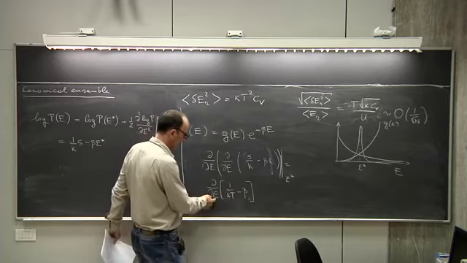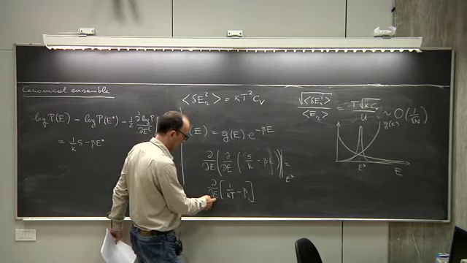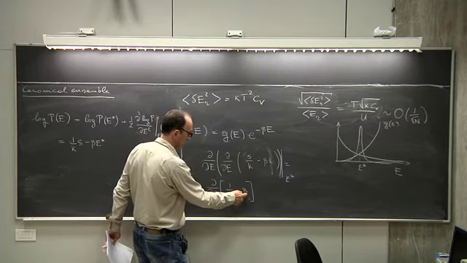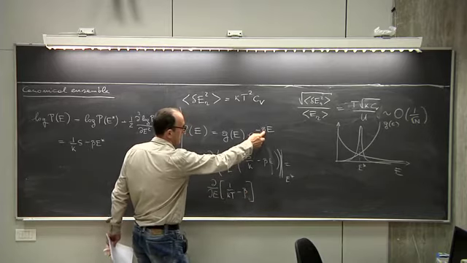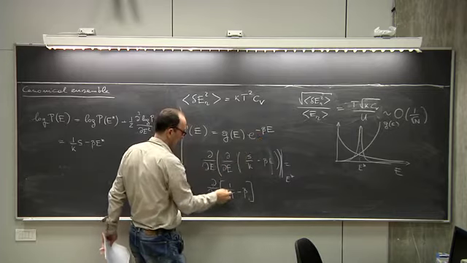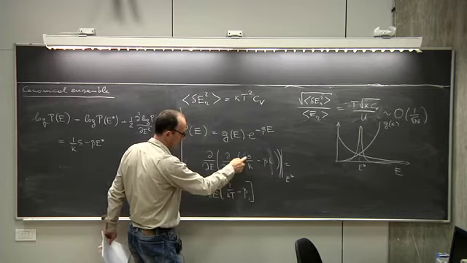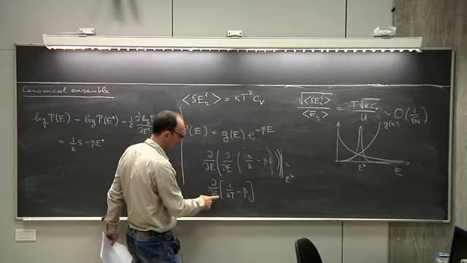So in the second derivative with respect to the energy, this beta is a parameter of the distribution, whereas this T is related to the dependence of the entropy with respect to the energy.